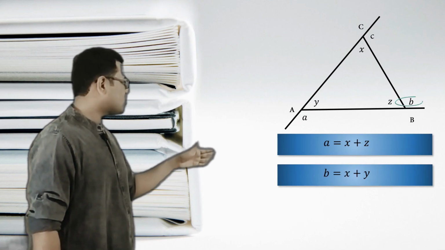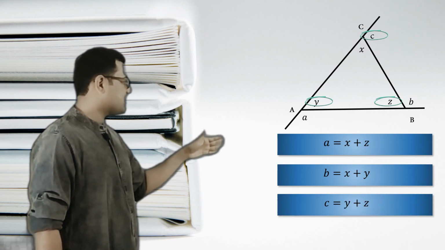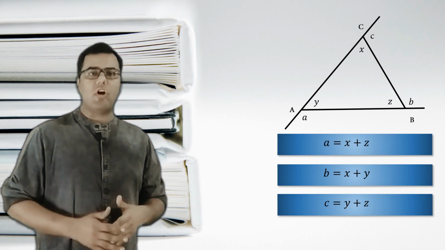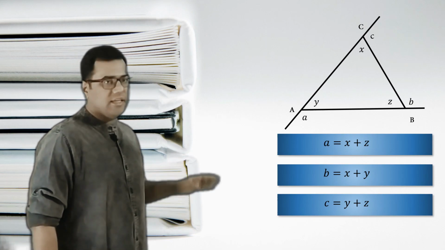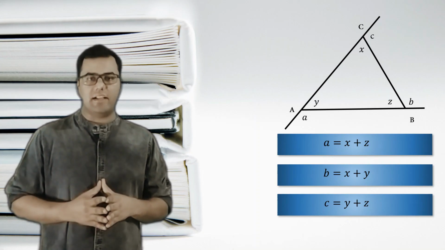Similarly, B equals X plus Y, and C equals Y plus Z, because Y and Z are further away from this vertex C, for which we are finding the value of the exterior angle.